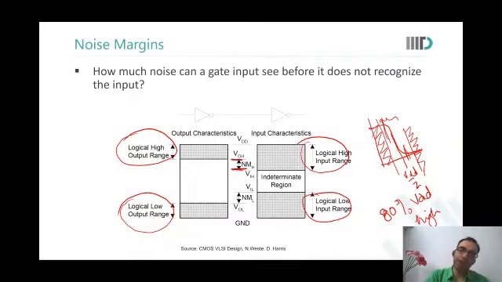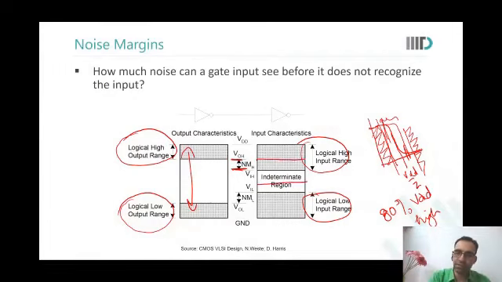Okay. And if we have a skewed gate, this gate would either go here or here, and because of which noise margin of one side may reduce, and noise margin on the other side would increase. Because what would happen? The output high and output low range would still remain the same, but the input intermediate range would shift up.